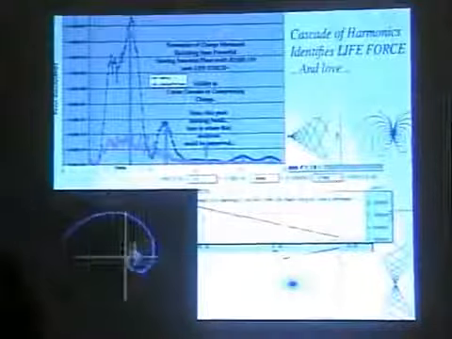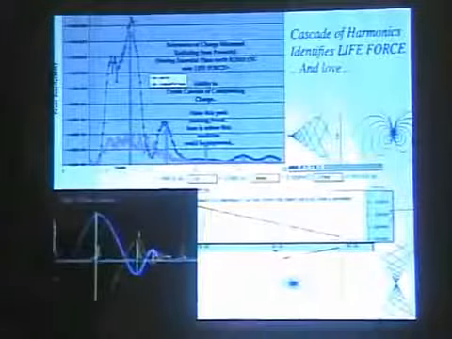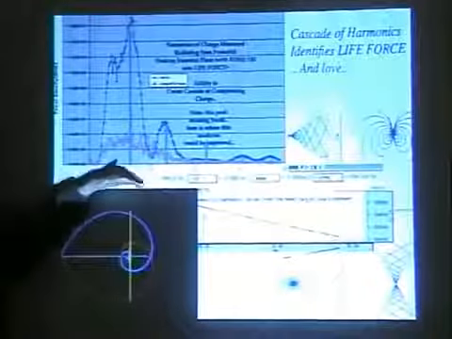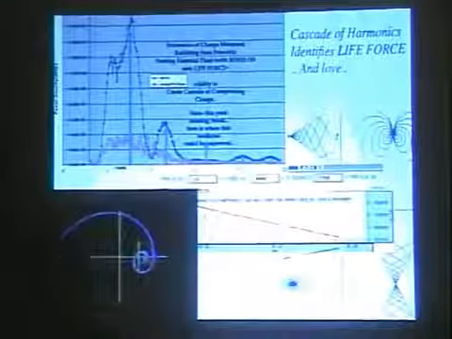A caduceus. Do you know what a caduceus is? Harmonic inclusiveness. So literally, the spectrum analysis of life on frequency versus amplitude, the spectrum analysis of life is a caduceus. Isn't that cute? Do you see the point? That's what harmonic inclusiveness or fractality is. And so life force is the ability to get fractal.